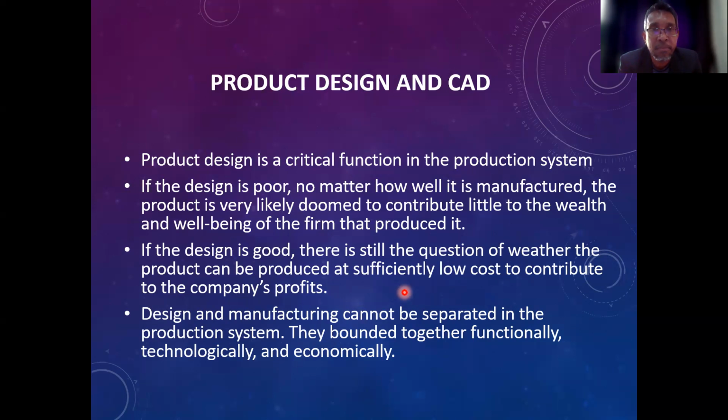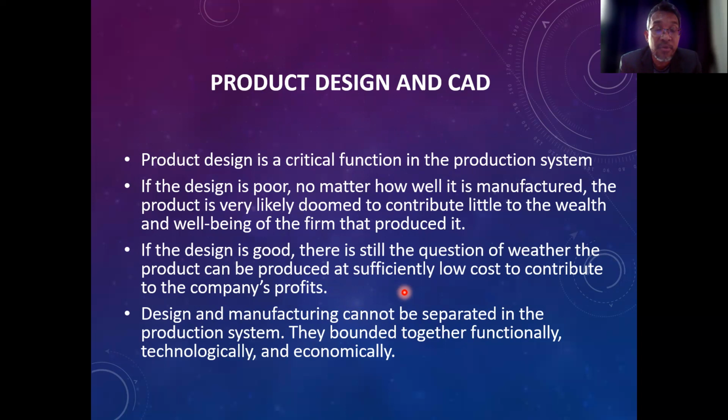So the product design engineer has the role to design the product and make sure the product can be manufactured based on their design. They will pass the information. You have learned the information flow from the business unit to R&D for product design, and then to the planning unit for the production side.